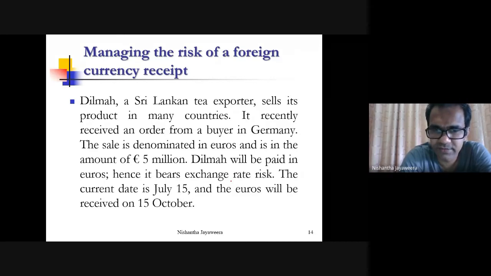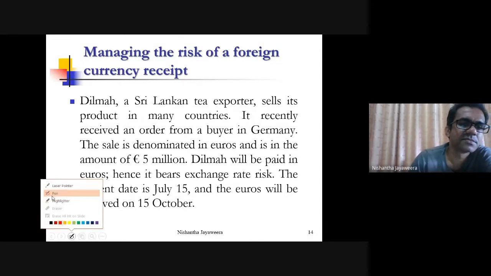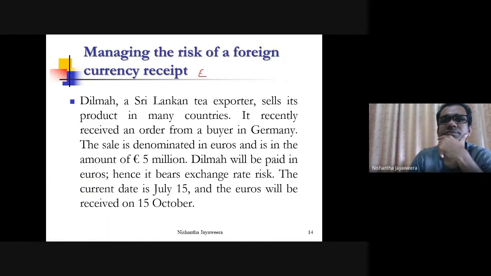Before that, first we have to identify what the risk is. Say on July 15th, the euro LKR rate is say 240.